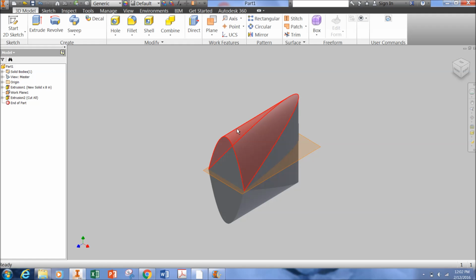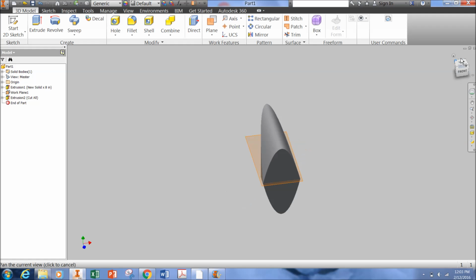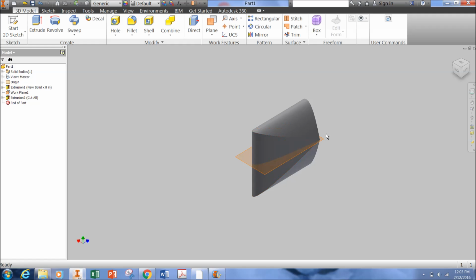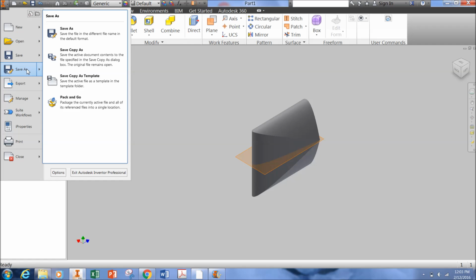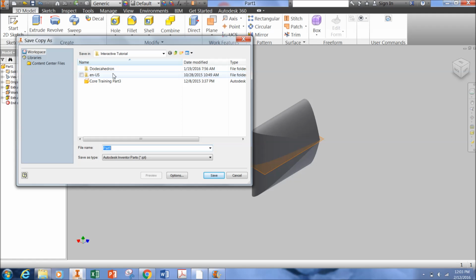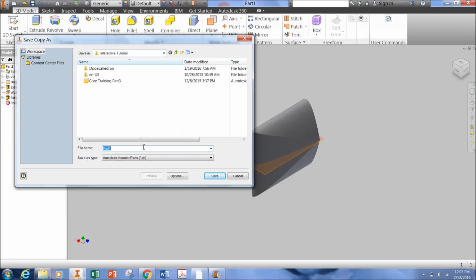First of all, the parabolic X and Y plane, and also we want to look at it in the XZ plane as well. We can now go to File, Save As. We're going to save a copy as. We will call this cross-sectional area volume.